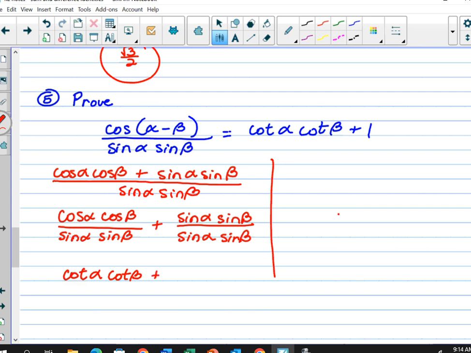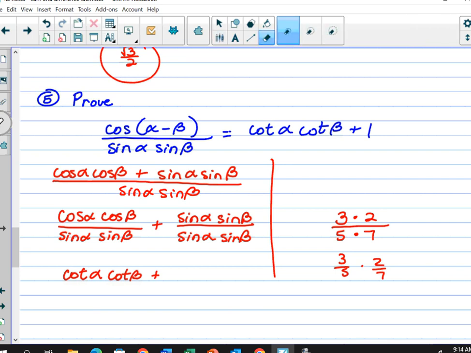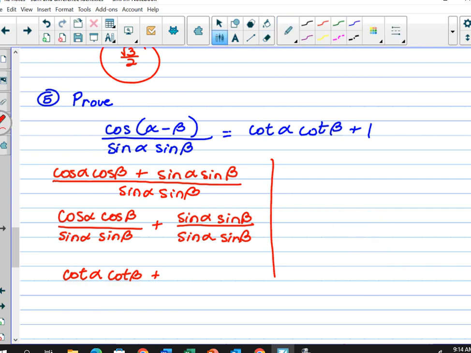If I had 3 times 2 over 5 times 7, that is 3/5 times 2/7, which is what I did, because I did cosine over sine times. Okay, and then sine alpha, sine beta over sine alpha, sine beta is 1. And we're there.